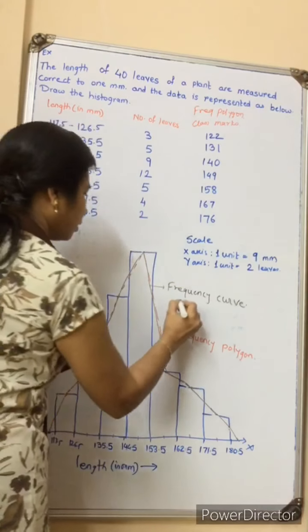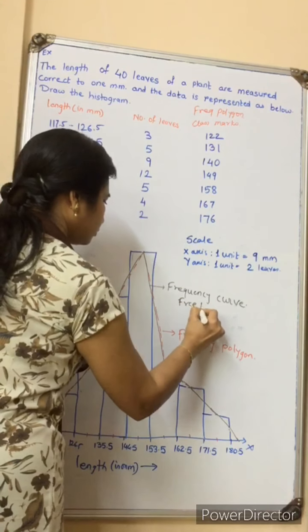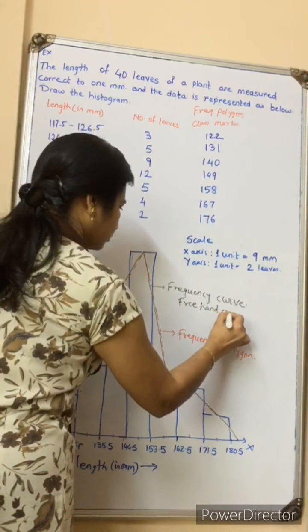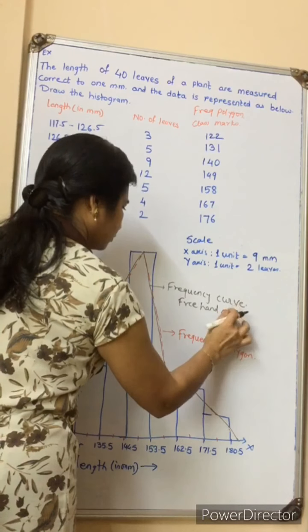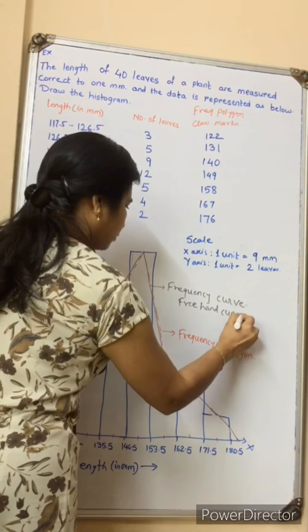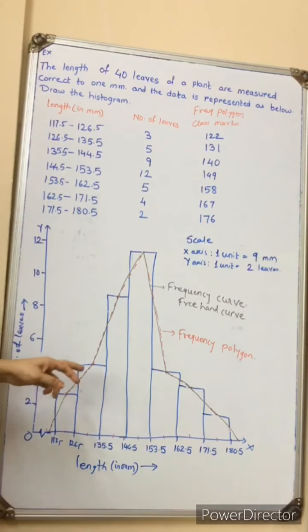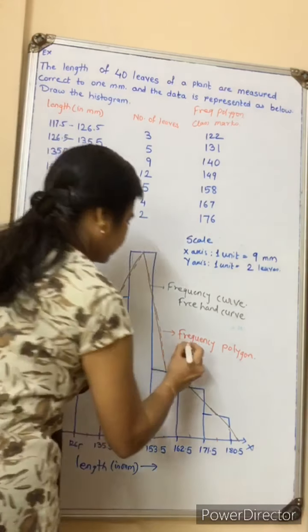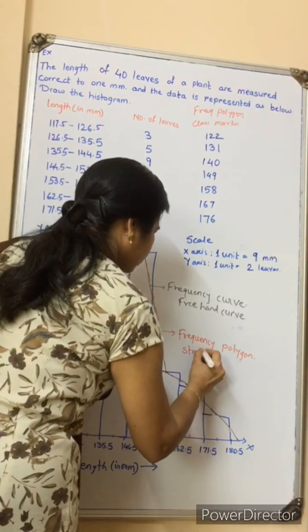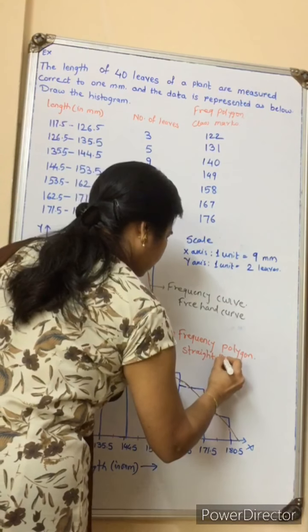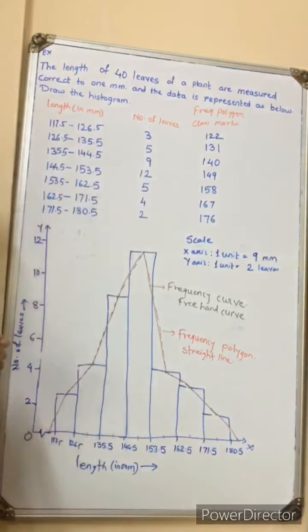A freehand curve is a frequency curve, and joining by straight lines gives the frequency polygon. Okay.